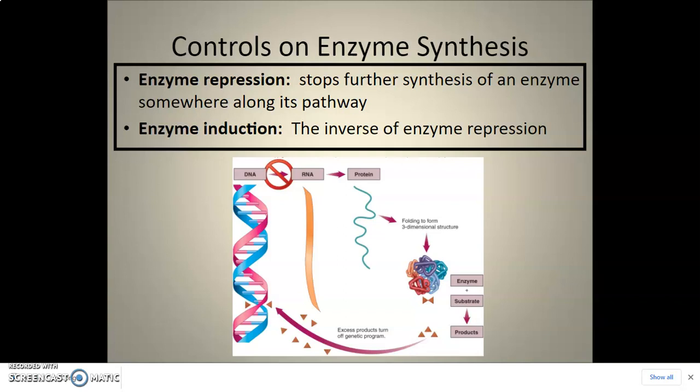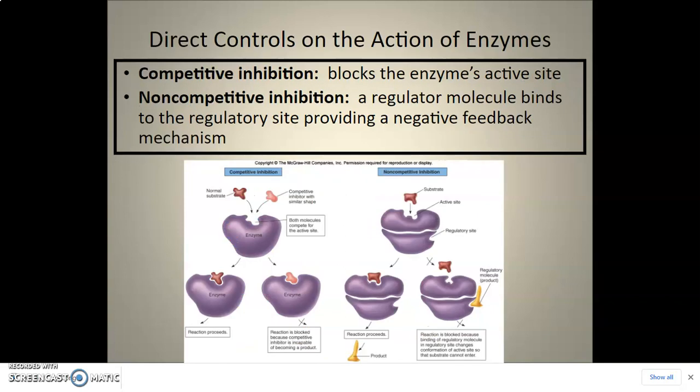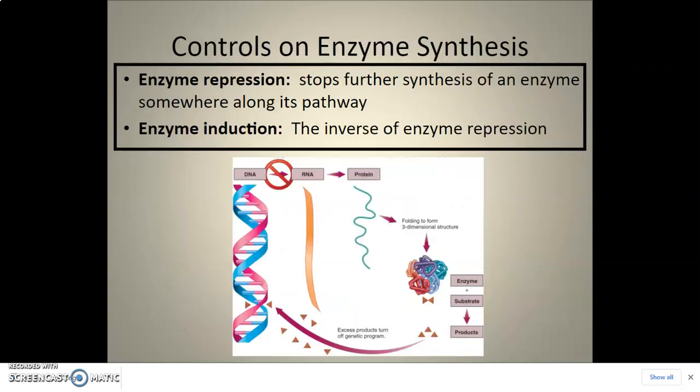All right, so if we look at repression and induction, to give you an idea of how this works, there's a couple of different ways in which this can happen. We can bind something to the side of an enzyme and regulate it like this, turn it on or turn it off. But we can also increase or decrease the formation of the enzyme.